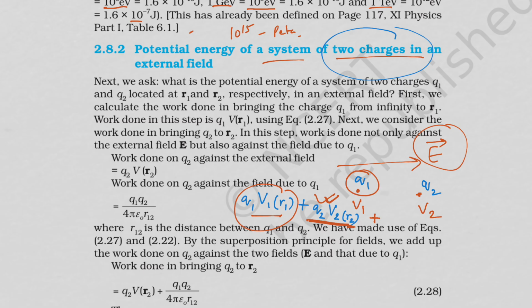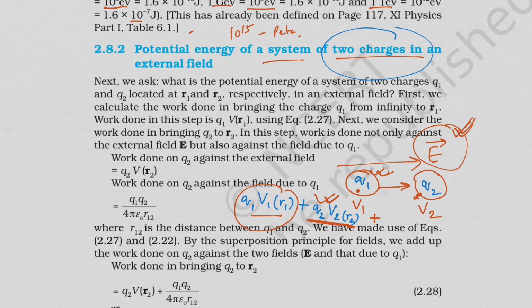But then when we bring Q2 in the picture from infinity to this point, at that time Q1 is already here. So Q1 will also exert some extra force other than the force exerted by this external field E, okay. So that will also get added.